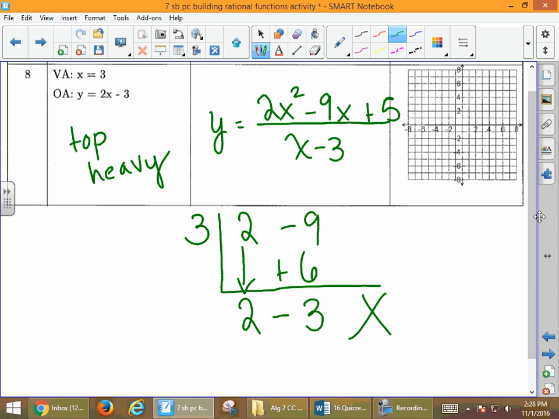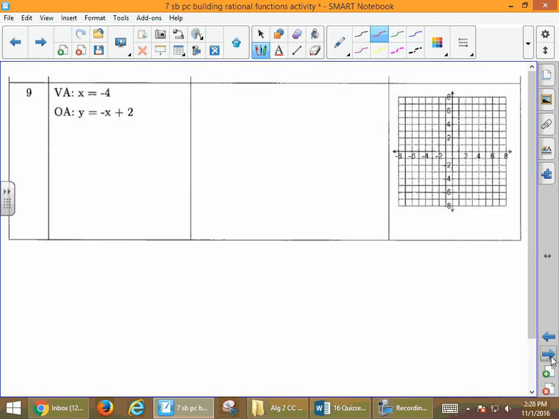Let's look at one more here for my last couple of minutes. Same kind of thing. We want to write our function here. It's going to be y equals the vertical asymptote. X equals -4, then is going to cause us to have x plus 4.